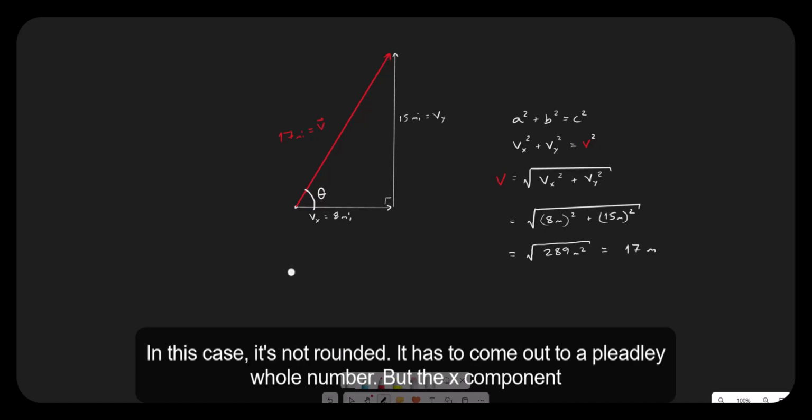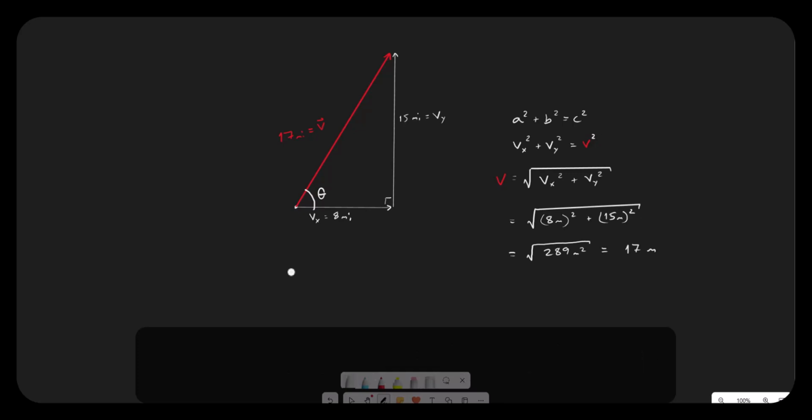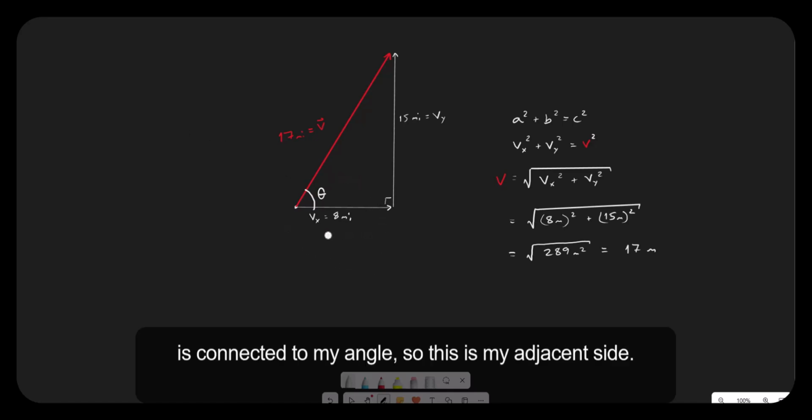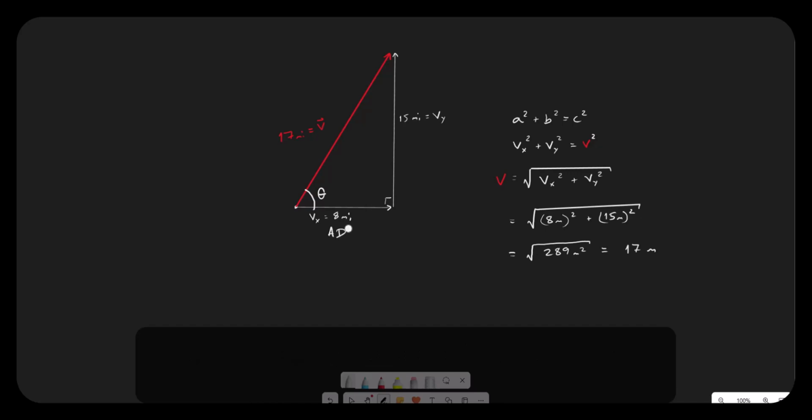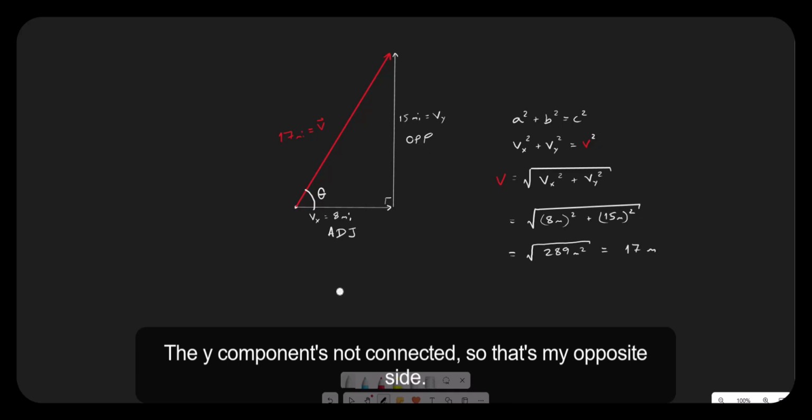In this case, it's not rounded, it happens to come out to a completely whole number, but habit. The x component is connected to my angle, so this is my adjacent side. The y component's not connected, so that's my opposite side.